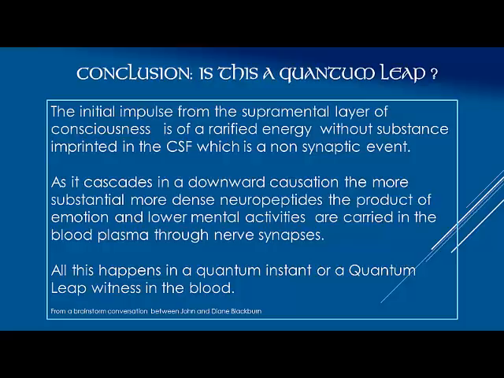As it cascades in a downward causation, the more substantial, denser neuropeptides, the product of emotion and lower mental activity, are carried in the blood plasma through nerve synapses. This is the particle. And all this happens in a quantum instant, or a quantum leap witnessed in the blood.